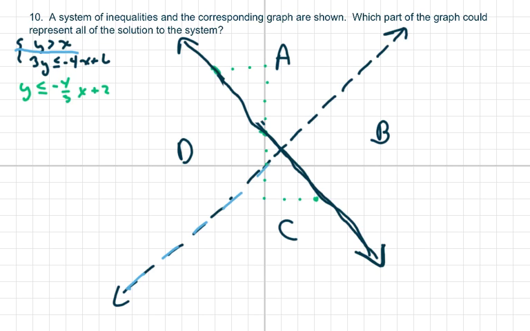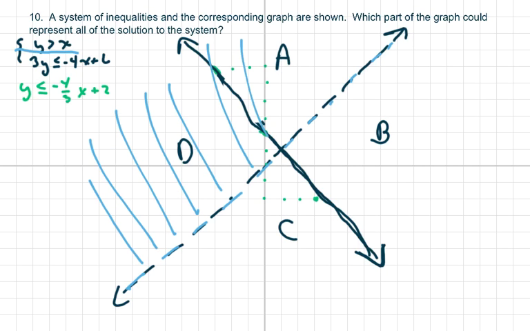Now it says y is greater than x. So since it's greater, that means we're going to shade up. So you shade up right here. I'm going to try to do this light so it doesn't get too messy. All right? And then I took the liberty and rewrote this equation and graphed it for you.